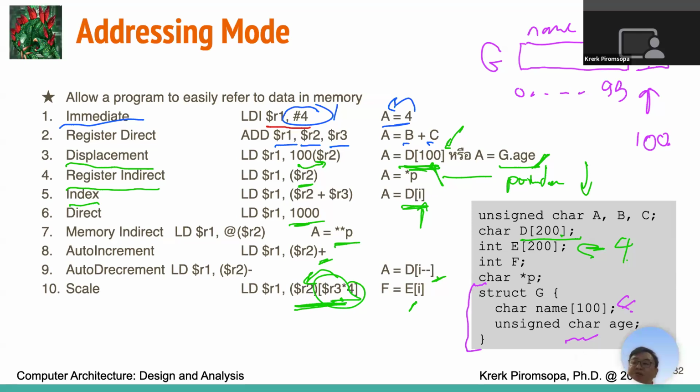Do we need all of them? No. So which ones do we actually need? Immediate, we need it. Register direct, we need it.